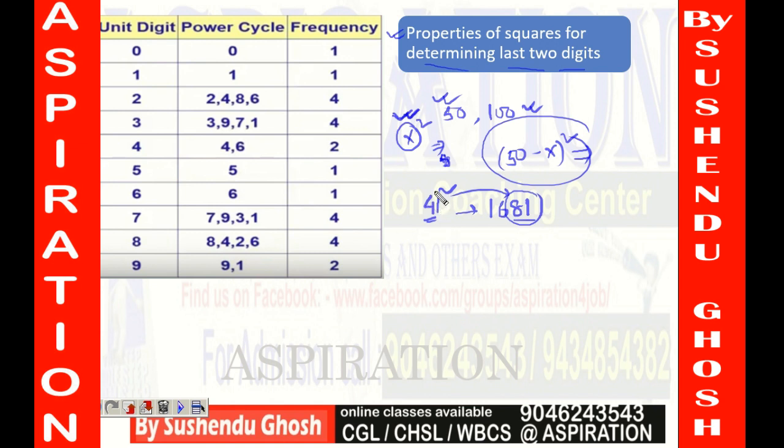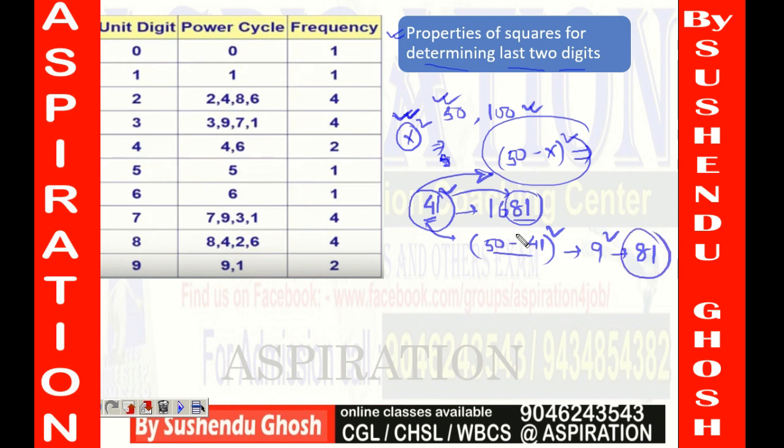41 is already a large number, and we may forget in the examination hall what its last two digits are. For this reason we just subtract 41 from 50 and take the square of it. It means 9 square, which is 81.